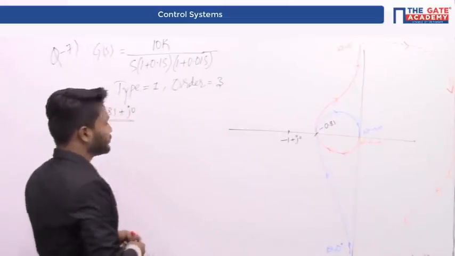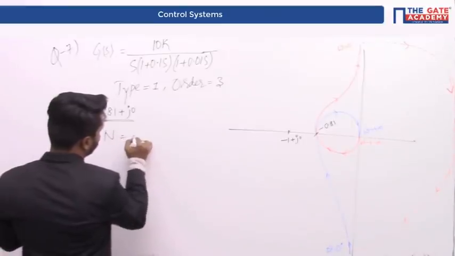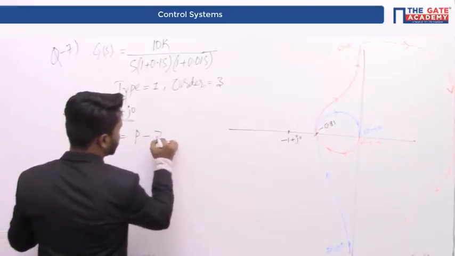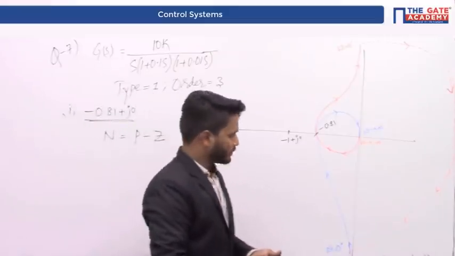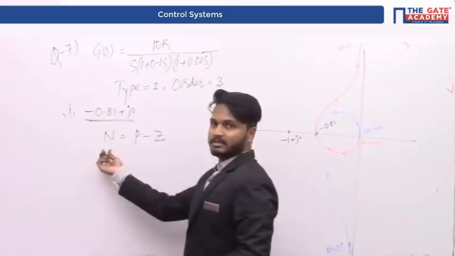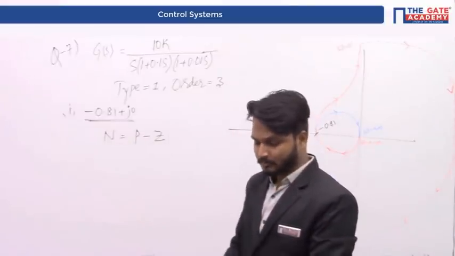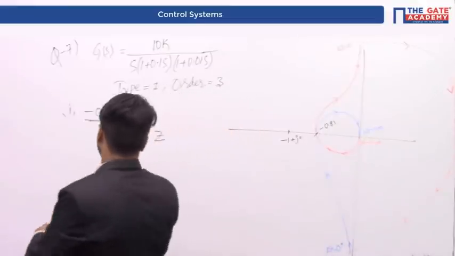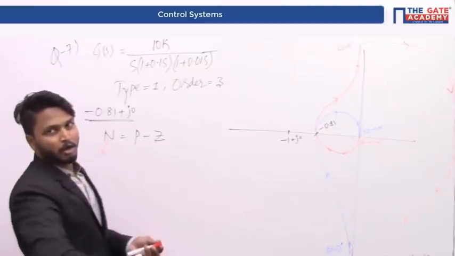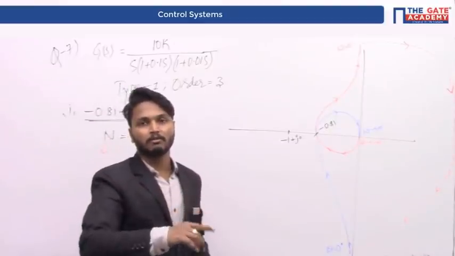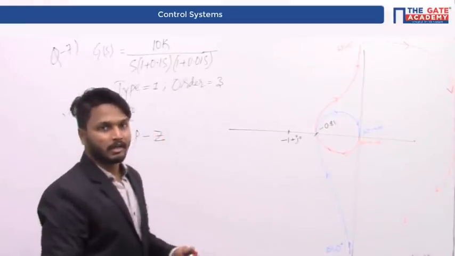So, from the Nyquist criteria, that is, number of encirclements is equal to P minus Z, you need to understand this formula thoroughly. N is the number of encirclements in anti-clockwise sense. If the encirclements are in the opposite direction, that is, in clockwise sense, then the number of encirclements should be counted negative.